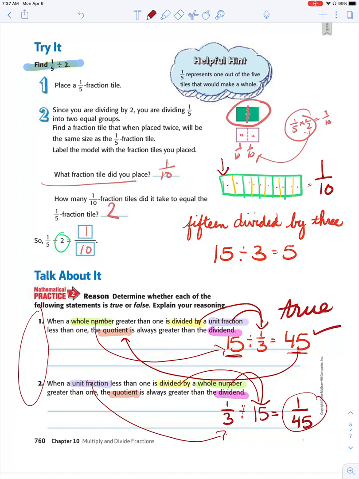And is 1/45 greater than 1/3? It is not. 1/45 is not greater than 1/3, and therefore this statement is actually false, to show that the fraction that starts it is actually going to be greater than the quotient, and your quotient is going to be a fraction answer. So those are the two things that I want you to remember.